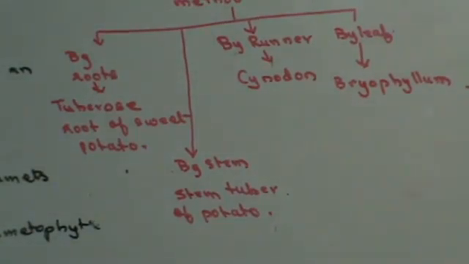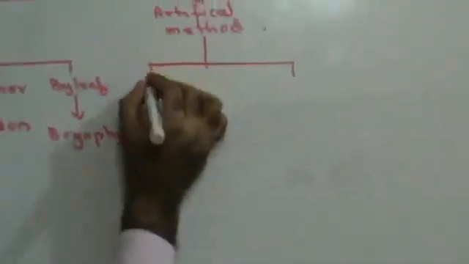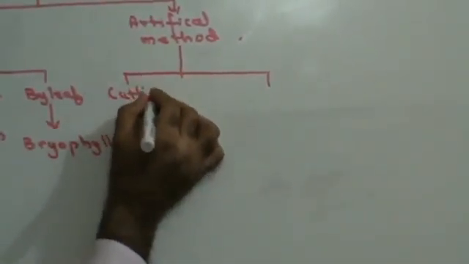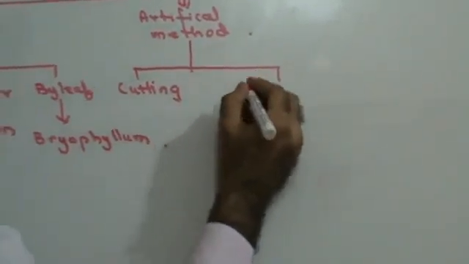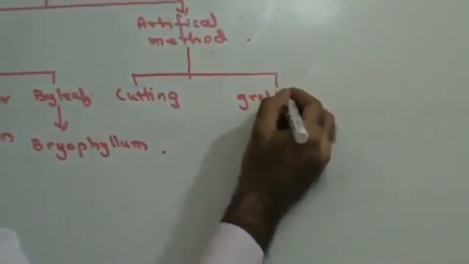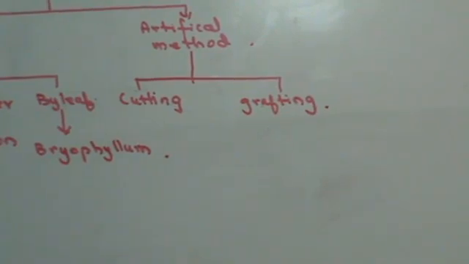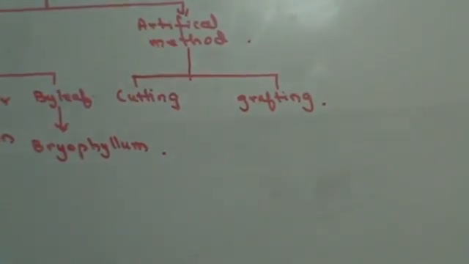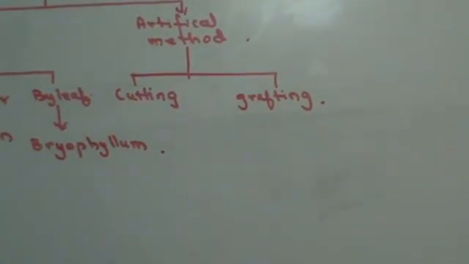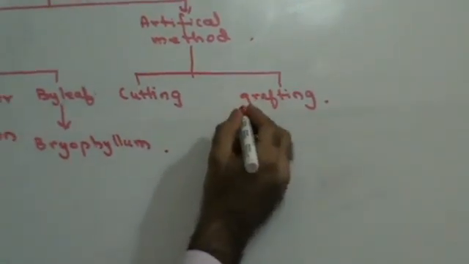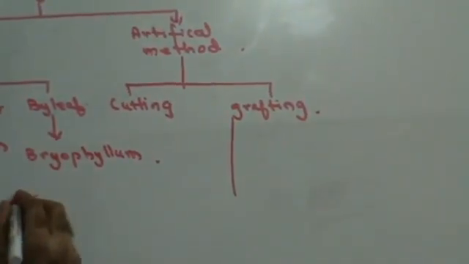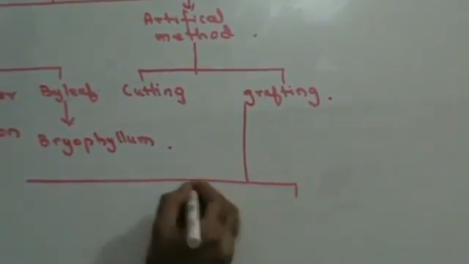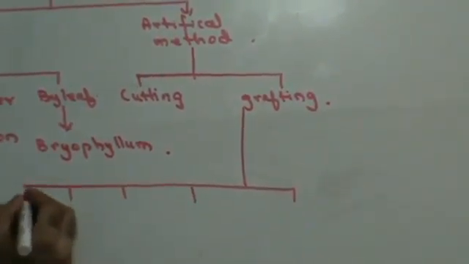Now, when you talk about artificial methods, they are further classified as by cutting and grafting. Now, grafting can be done by 5 different methods.